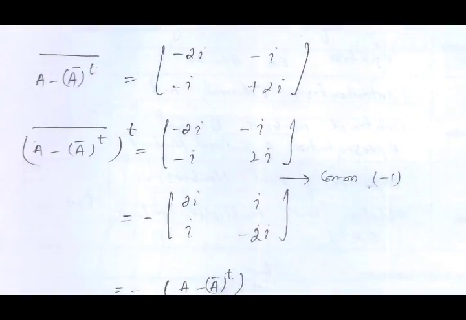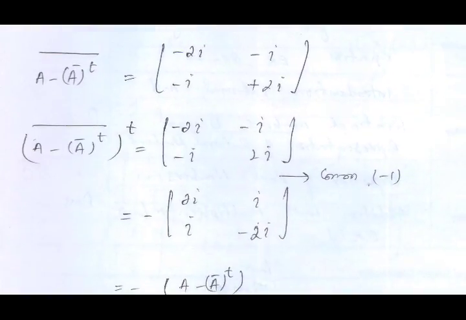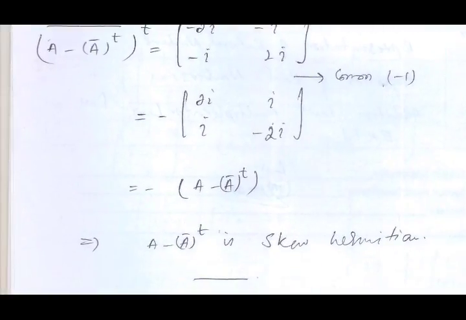Then we show it is skew Hermitian. We again take its bar and transpose, and then because it is skew, we take minus 1 common from the matrix, which makes the sign change. Therefore A minus A bar transpose is skew Hermitian.